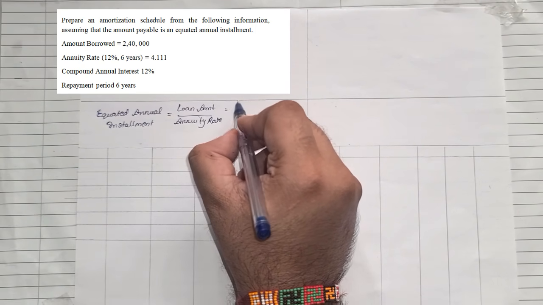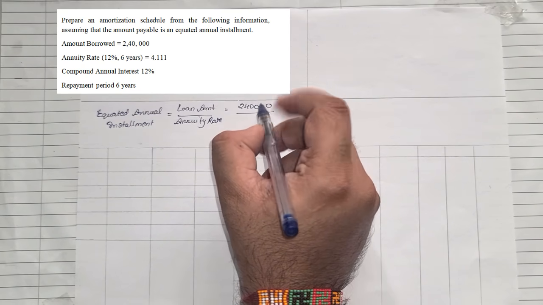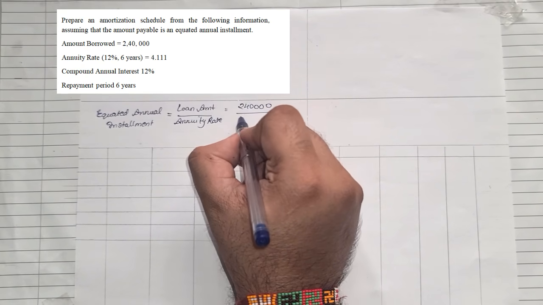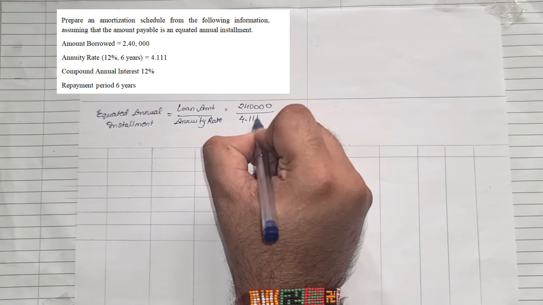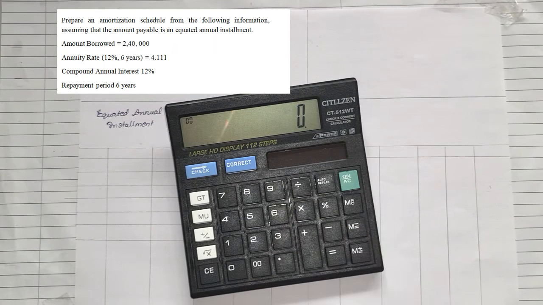Now in this sum, the loan amount was 2,40,000 and the annuity rate is given as 4.111. In this sum, at least they are giving you the annuity rate. If not, how to calculate that? Look at this very carefully.